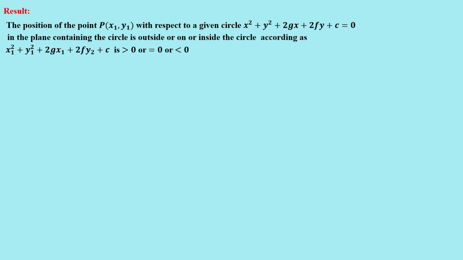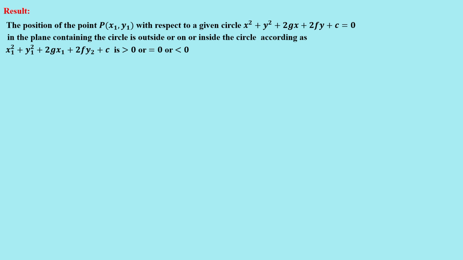Suppose you have a point on the plane and a circle, right? We are checking whether the point is outside the circle, inside the circle, or on the circle. We just put in the point values. Suppose the point is (x1, y1), then put x equal to x1 and y equal to y1 in the circle equation.